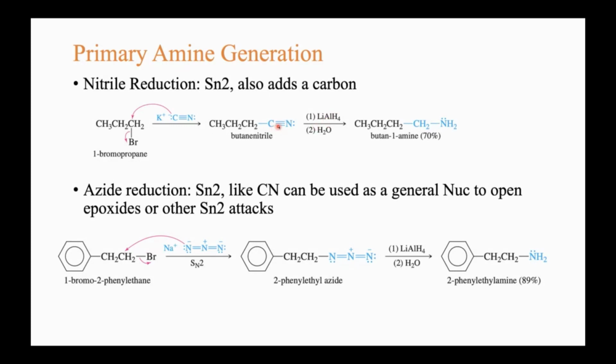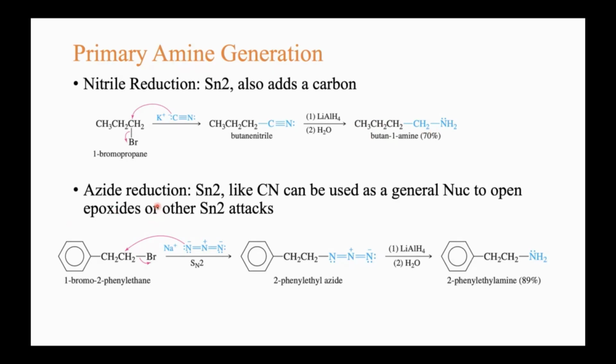When you reduce it, notice the color code: there is a blue carbon added here and a blue carbon here. So know that if you're doing a synthesis problem, only use a nitrile reduction if you're trying to also add a carbon when you have your primary amine, because you do get one more carbon in your final product.